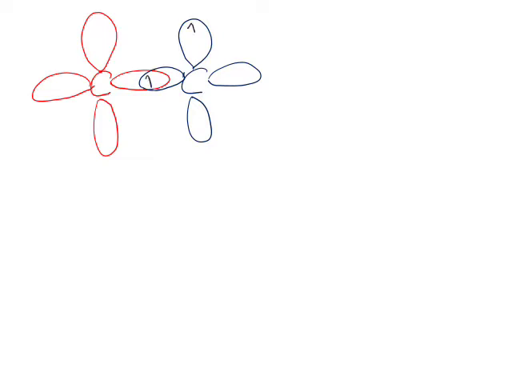If you remember, this is one single electron. Similarly, the second carbon also has the same. These are electrons, right? And then one electron is here.